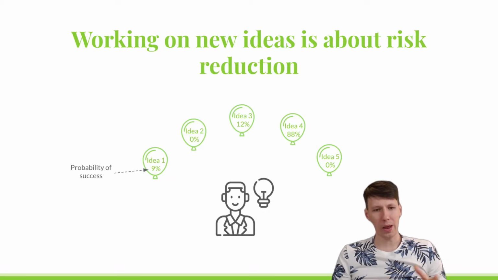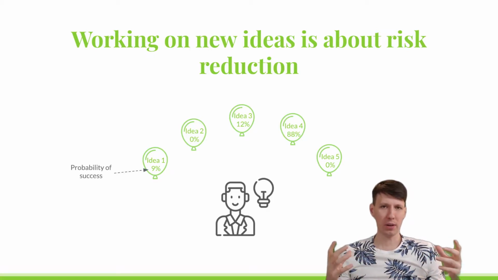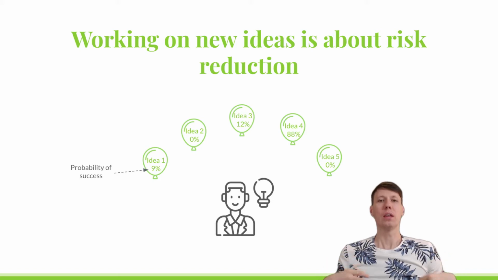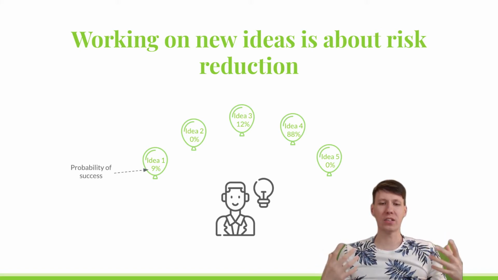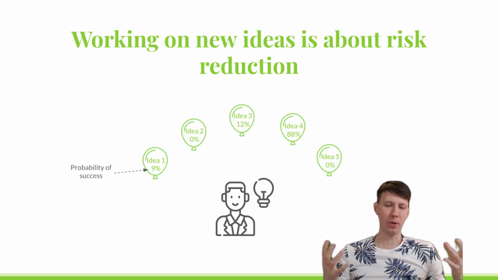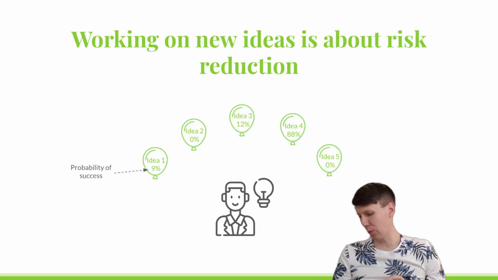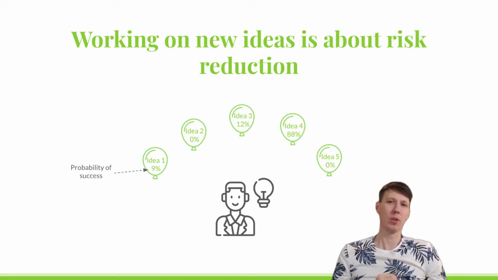So here we have this kind of illustration. As humans, our minds are very good at coming up with all kinds of ideas. Some people say that we have like 75,000 thoughts per day.